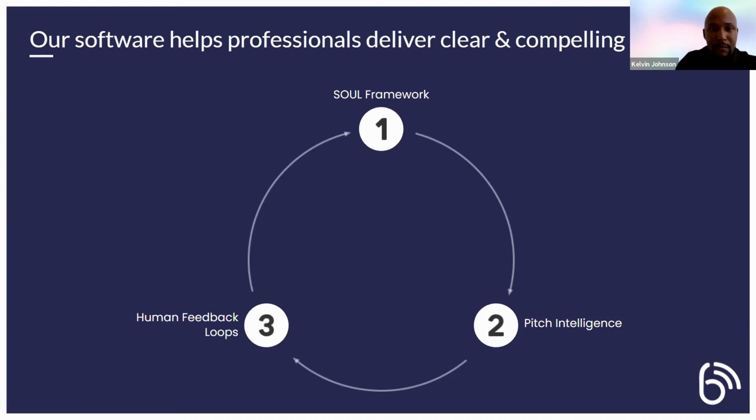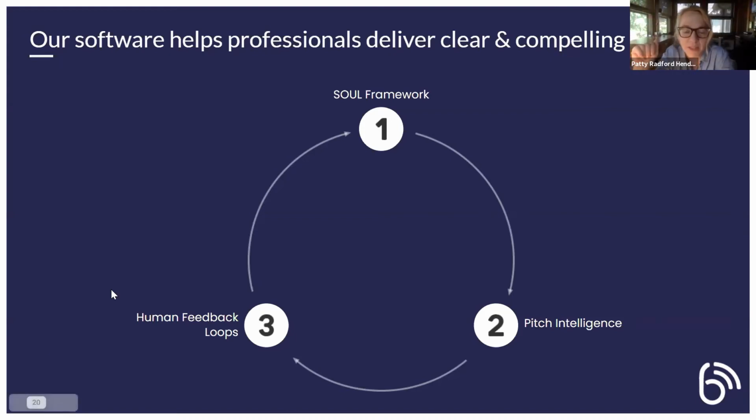Hi, this is Patty Radford Henderson. One thing I'm wondering is, in my product roadmap I have some lofty feature addition goals, and I'm wondering how far out I should go when talking about the plan for my product. Right now, I've got an MVP that I'm able to sell.